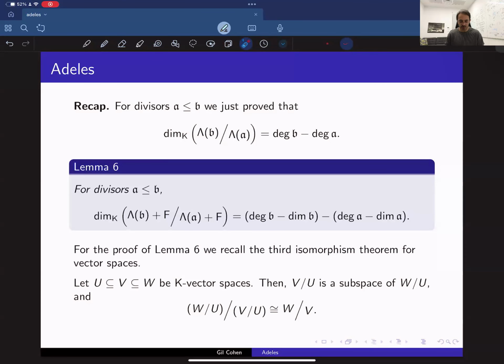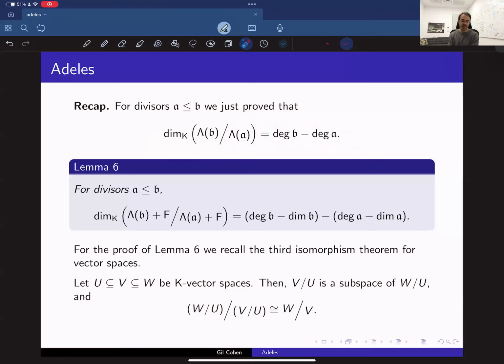So now the second lemma that I want to prove, and that's all we left out from the lecture as far as adeles go. We just proved a lemma that tells you that the dimension of this quotient is the degree difference.